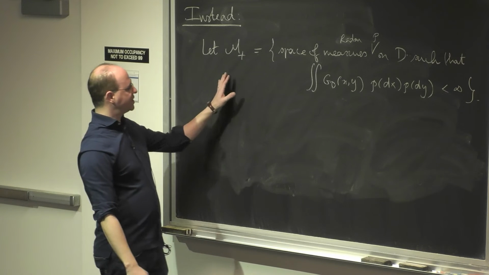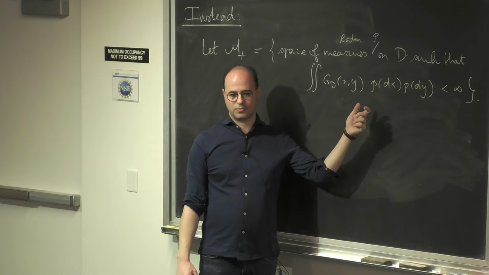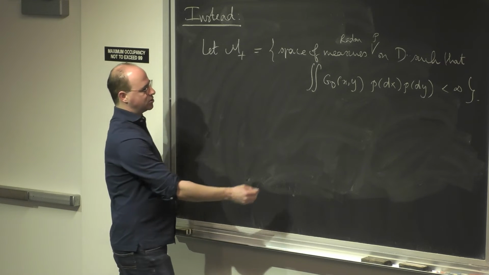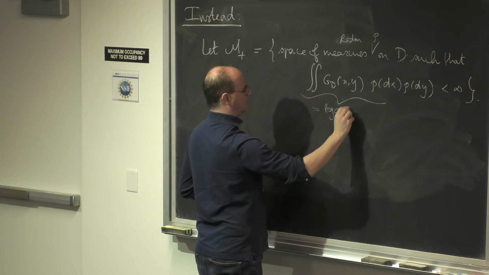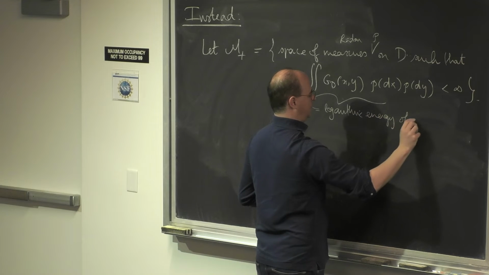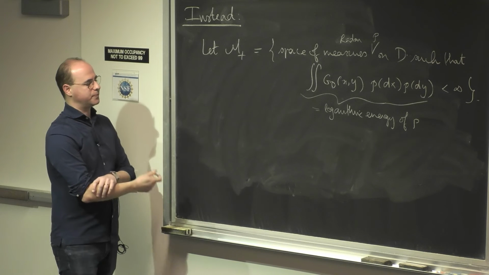Okay, so I consider the set of measures for which it's possible to integrate the Green function. You can think of this as being some kind of logarithmic energy of the measure rho.